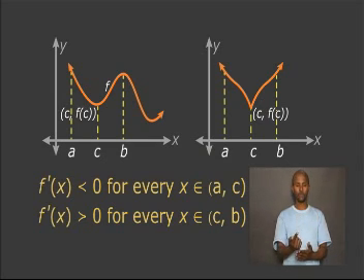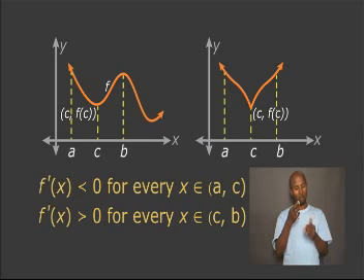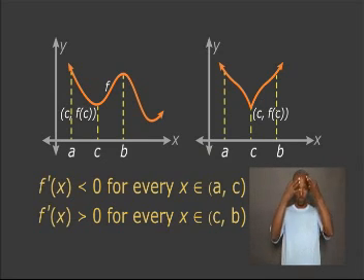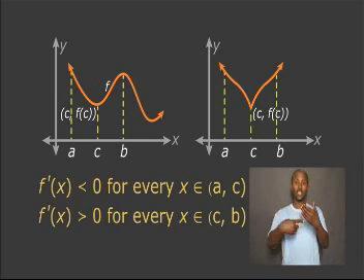In this case, f of c is less than or equal to f of x for every x that is part of the interval (a, c), and greater than or equal to f of x for every x that is part of the interval (c, b). Can you guess what we may conclude about the derivatives of such a function?